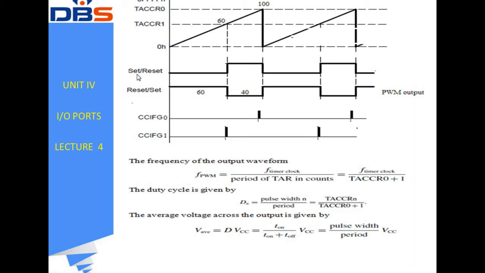See here, in the reset and set mode, initially the pulse width modulation output is in reset mode, and whenever it reaches TACCR1, the timer A compare register value, it will be in set mode, and it remains in set mode until it reaches the value of TACCR0.